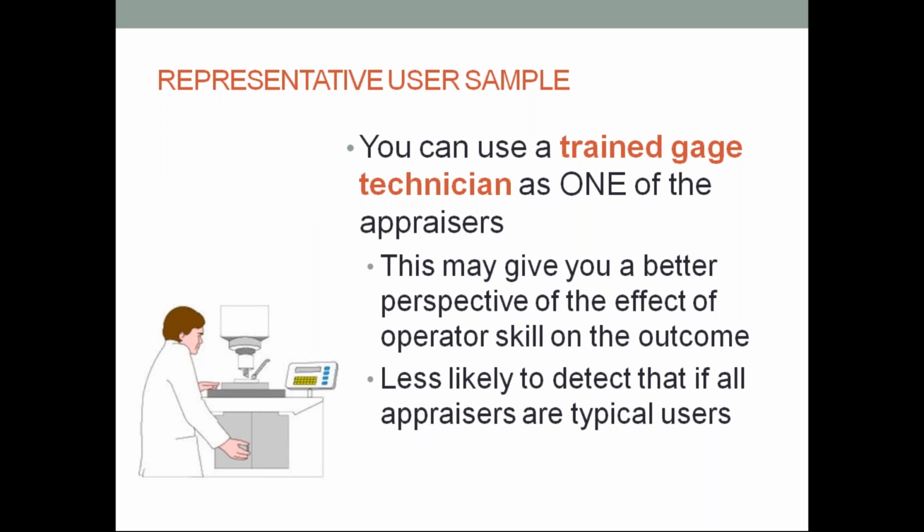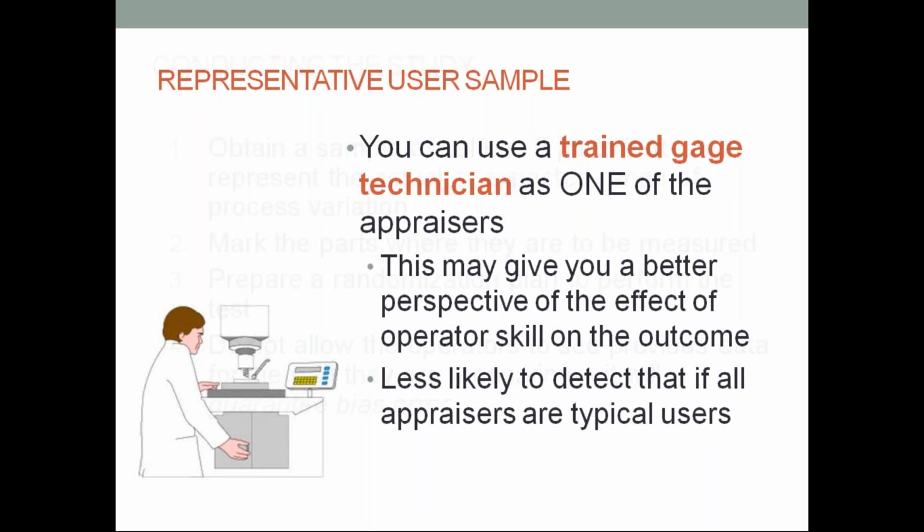So if you have one trained gauge technician using it and the other two are typical of the variation you see on the shop floor, and you see that the trained gauge technician has very little variation, but the others have a lot of variation, boom, right there you know that you have an appraiser issue, that gauge is very sensitive to gauge skill level, and you'll have to deal with that either by bringing up the skill level of the people, including future people, in order to pass that Gage R&R and make that gauge effective for measuring that characteristic.